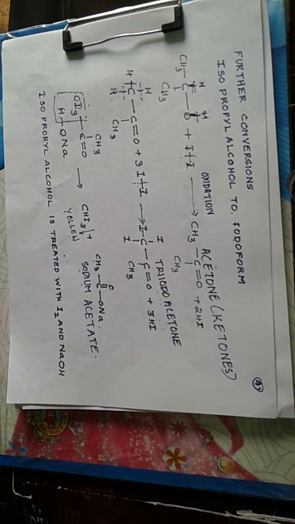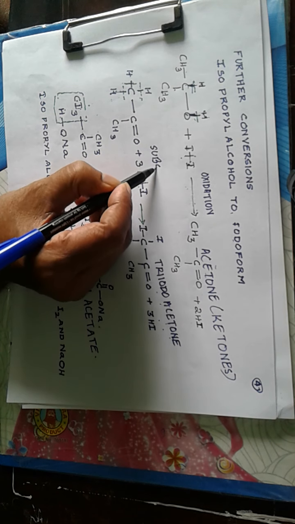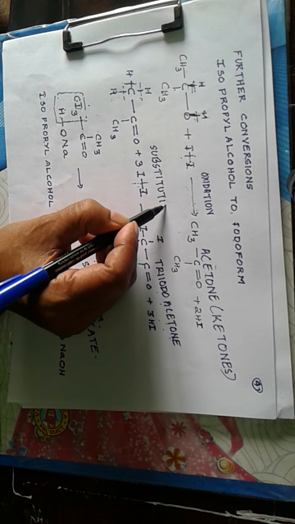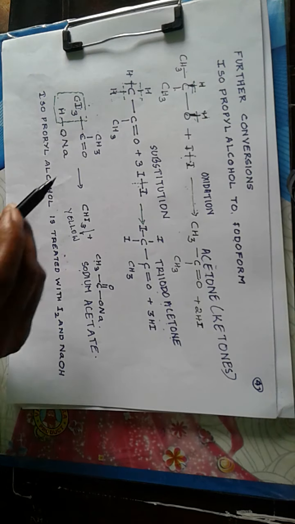Now the product is called acetone. Then acetone can be further reacted with iodine. Now it is not an oxidation reaction, but it is a substitution reaction. There are 3 CH bonds in the methyl group.